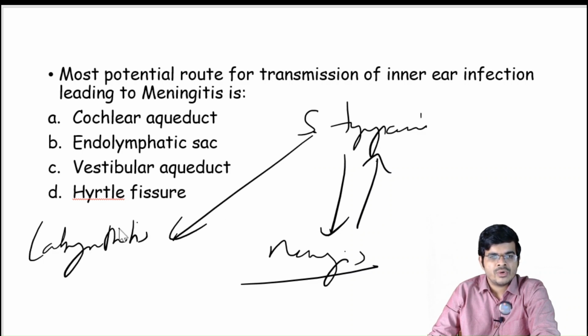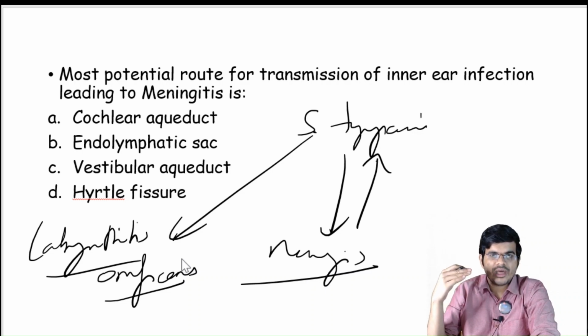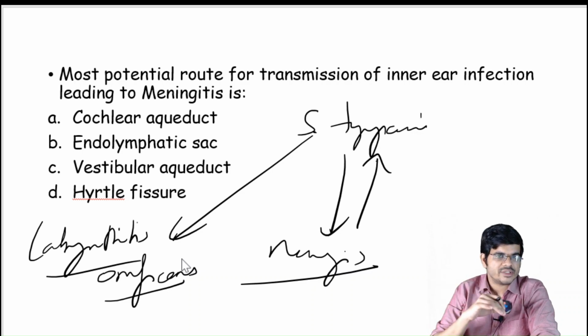Labyrinthitis ossificans. That is the reason why in a child with meningitis, you have to do a BERA and confirm that the patient has not had labyrinthitis ossificans. Okay, if there is a chance of labyrinthitis after the meningitis, you will have to do a cochlear implant early on, because after ossification takes place, it will be difficult to do a cochlear implant surgery.